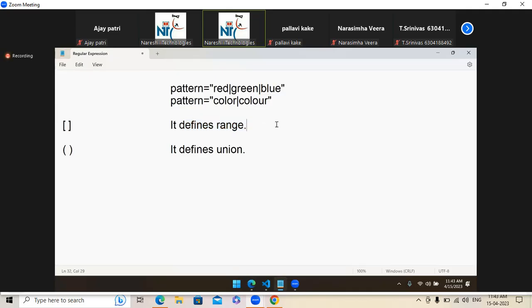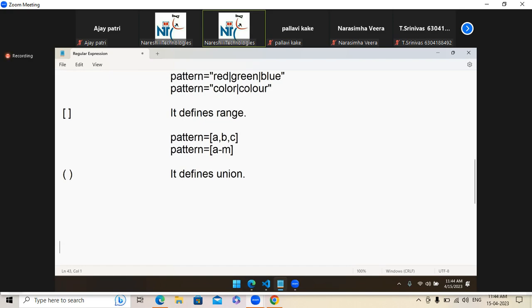Later you will use this in various expressions. You can write a simple pattern, defining A, B, C, or any random characters, like A, S, O. Only those three are allowed, others are not. You can even define a range like A-M. This is the range.